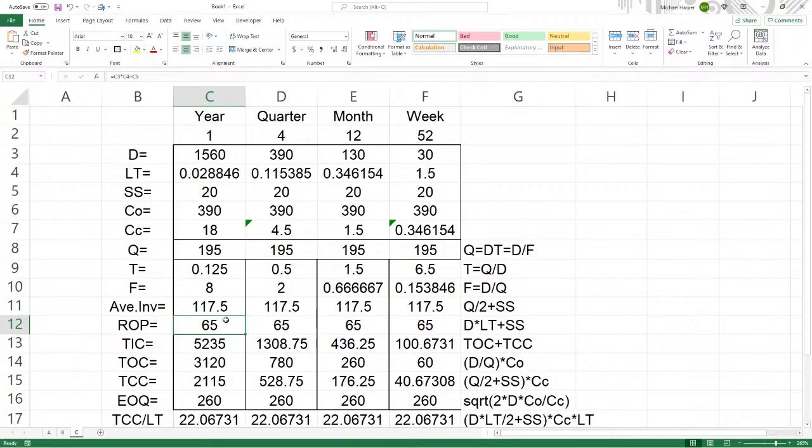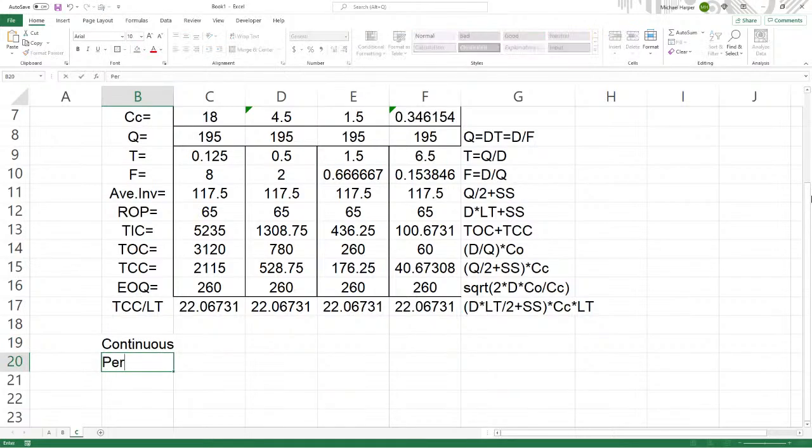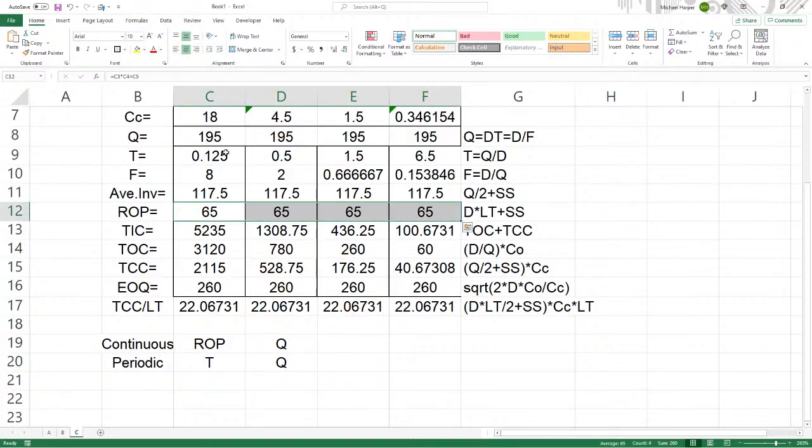So those are the 2 things you need. And if you recall, let's bring it down here. For continuous, and then periodic, for continuous, you need ROP and you need Q. For periodic, this is the inventory period T, and you need Q. Well, this is Q. There's ROP, and there's the inventory period in weeks, 6.5 weeks.